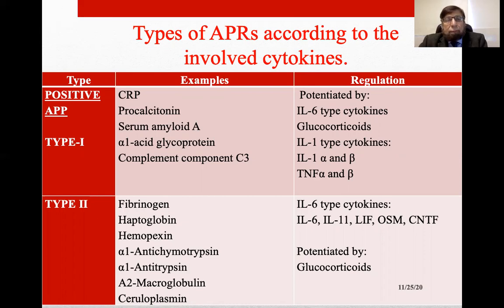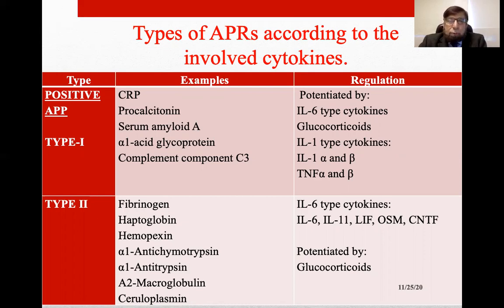So APRs are classified according to the type of cytokine. For example, procalcitonin, CRP, and amyloid A are potentiated by both IL-6 and IL-1. So they can be secreted by both IL-6 and IL-1.